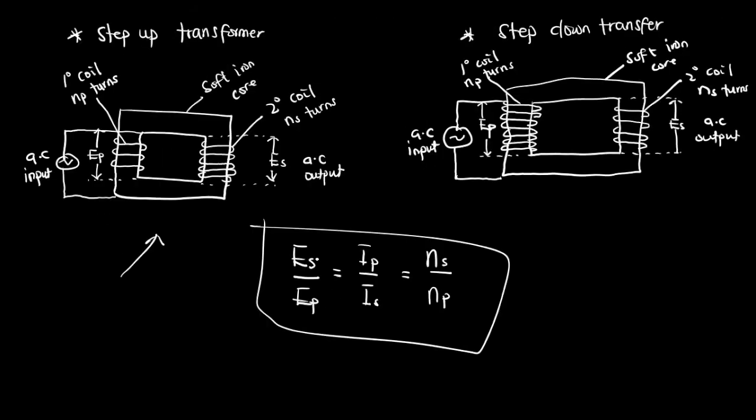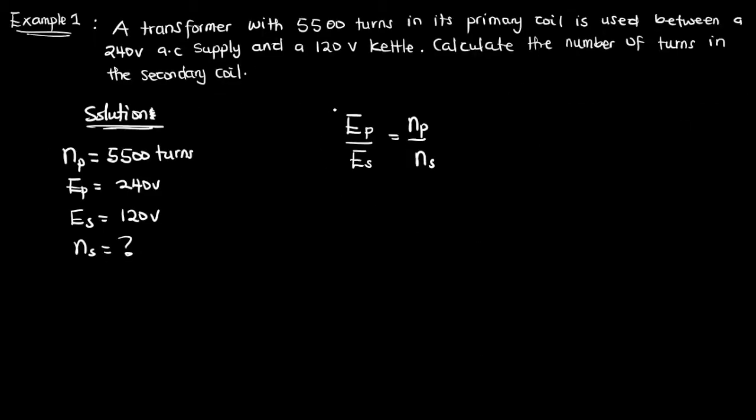So if you look at this, no matter which one you bring first, make sure you change it proportionally. So if it is ES, we are using ES, NS, EP, NP, right? So over here, I interchanged it. Either this, or you can bring the ES first, then the EP, and make sure if it is ES at the top, it is NS at the top, and then NP at the bottom. Either way is going to give you the correct answer, right?